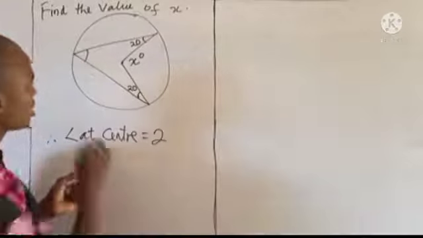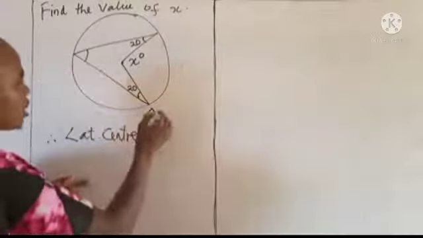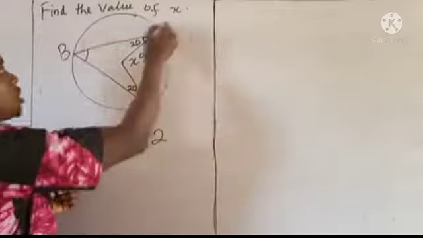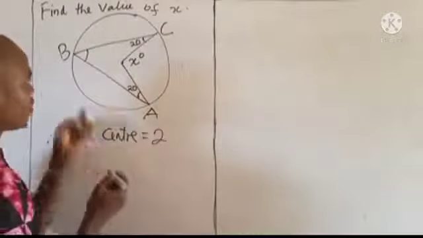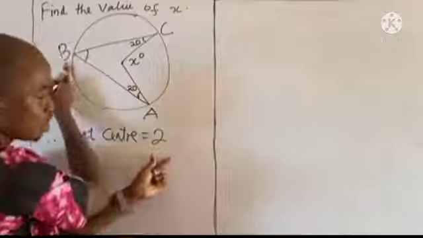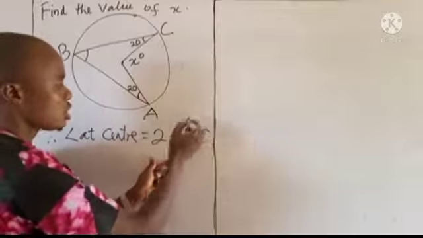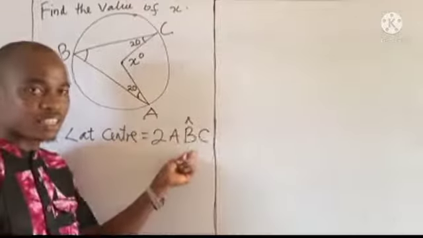Okay, let me say I label this to be A, B, C. Therefore, the angle found at the remaining part of the circumference is this angle B. Therefore, I'm going to have 2ABC, referring to this angle at the center.